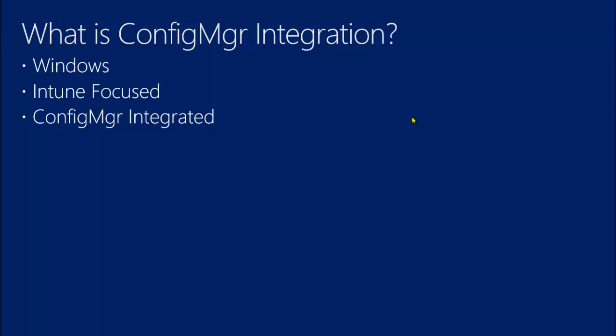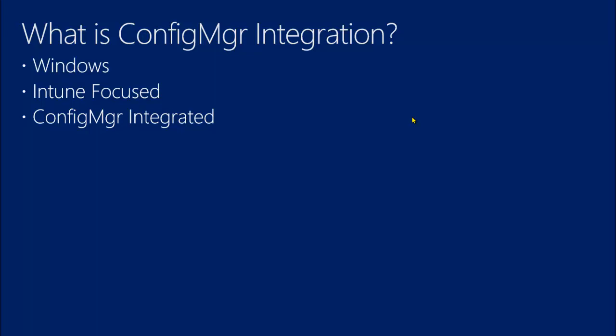So what is Configuration Manager integration? Well, it's ConfigMgr integrated, right? So that means, again, co-management, with the compliance workload shifted over into being owned by Intune. And then one other thing, we introduced the ability to do this compliance assessment in combination between Configuration Manager and Intune. I forget which version.